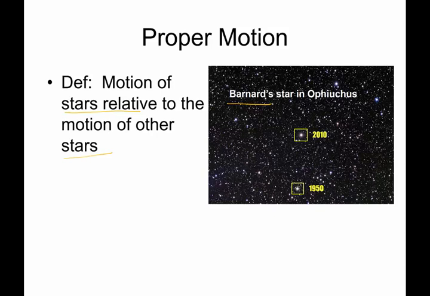Astronomers for a long time have watched it move relative to the stars that are so far away that in a human lifespan we don't see any change in motion. But Barnard's star, here's a picture of its location in 1950, and here's a location of it in 2010. So in 60 years, it has moved a great distance relative to the background of stars.